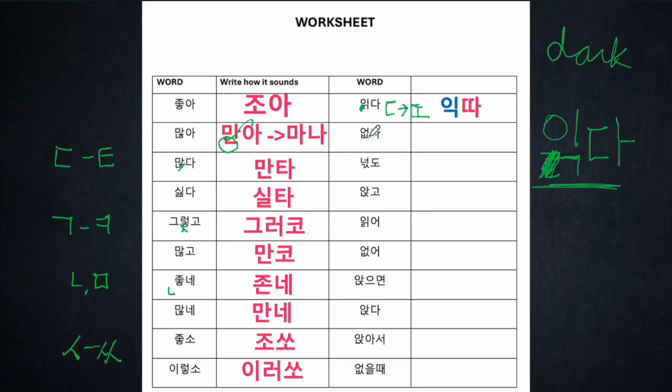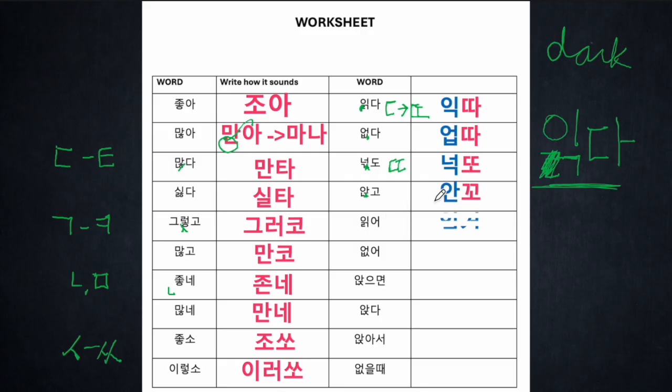The s drops, okay, and then it's tense. 없다. Okay, again, s drops here. The s drops, and then d becomes tensed. So 넋도. Same thing. The second one drops, and it becomes 안고. Now the next one is a placeholder, so it'll just move there.